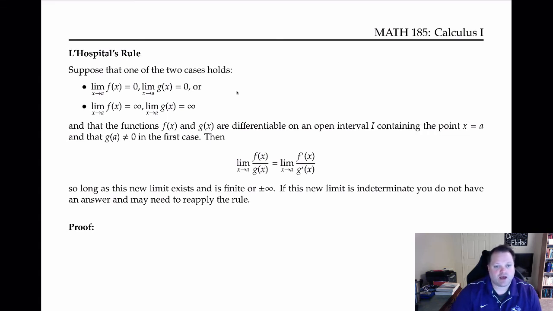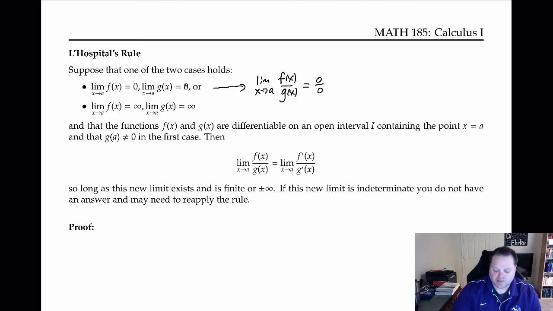So suppose that one of two cases holds. You have a fraction of the form f of x over g of x. Case 1 is you're looking at the limit as x approaches a of f of x over g of x. You plug in the limit. The limit of the top is 0. The limit of the bottom is 0. You get 0 over 0 type.